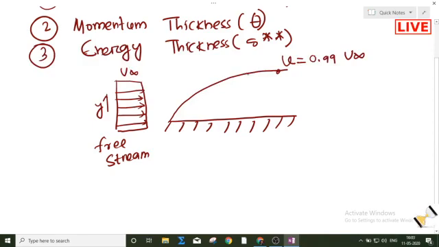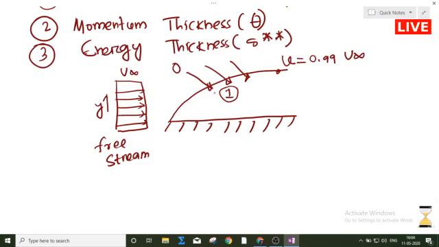Due to the formation of the boundary layer, there will be a reduction in flow mass rate. The mass is continuously entering into the boundary layer from outside of the boundary layer. Due to this mass accumulation within the boundary layer, the boundary layer thickness gradually increases. That's why at each and every section along the length, the boundary layer thickness is not constant, because the mass accumulation increases with increase in length.